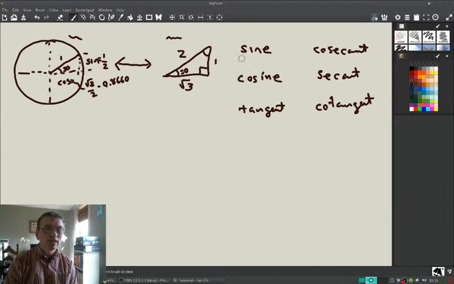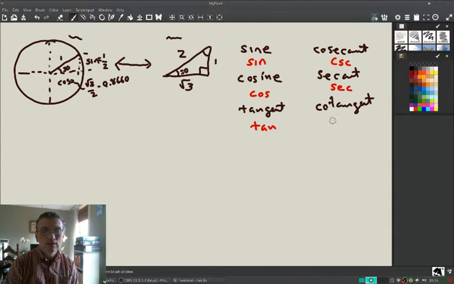Okay, sine and cosine, again the big ones. Let me write the abbreviations for these. Sine is SIN, cosine is COS, tangent is TAN, cosecant is CSC. Secant is SEC, and cotangent is COT.